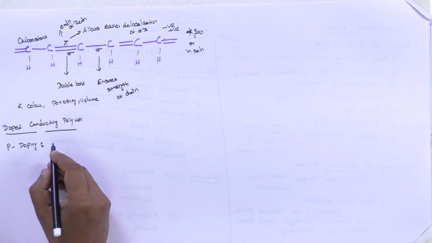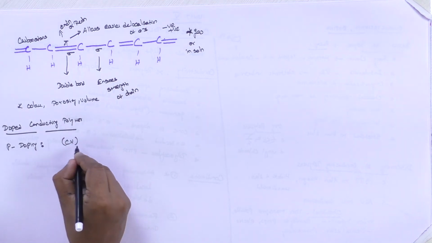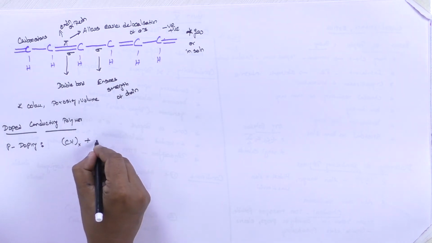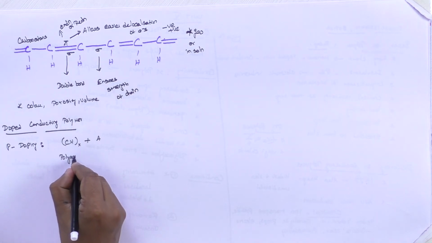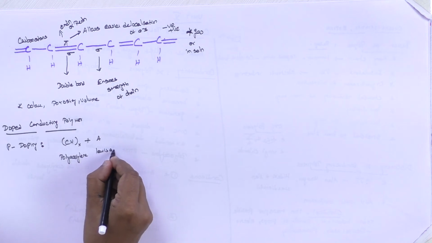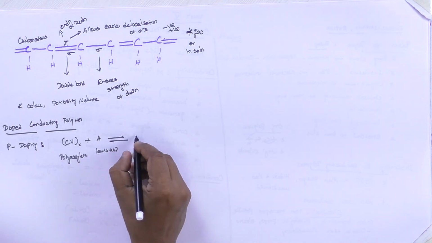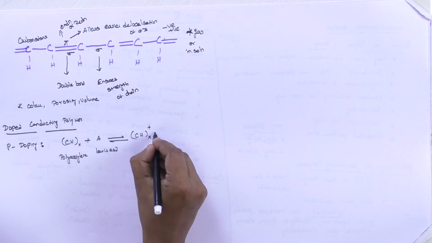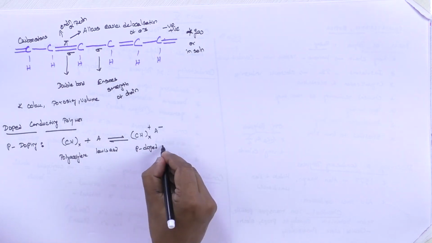P-doping, I am going to write this P-doping, how it takes place. Let us take polyacetylene. It is done by an oxidation process. You have a Lewis acid here, and doping results in a structure like this, CH(X) plus and A minus. This is p-doped polyacetylene.